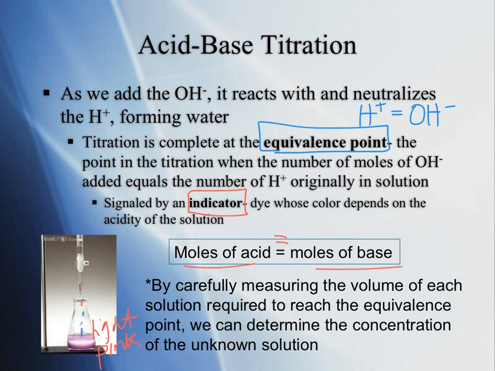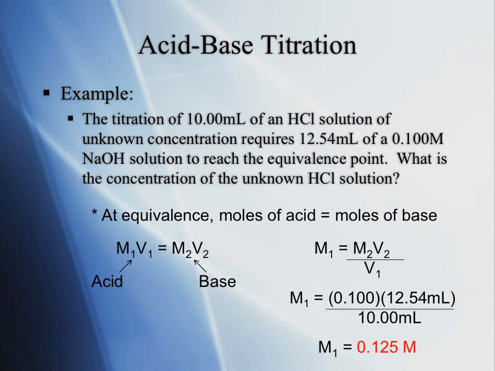So when we reach that equivalence point, we can determine the concentration of the unknown solution. And this is how we use this famous equation, M1 times V1 equals M2 times V2, to figure out the concentration of our unknown acid. We just saw this equation in chapter 13 when we were talking about molarities and dilutions, right?